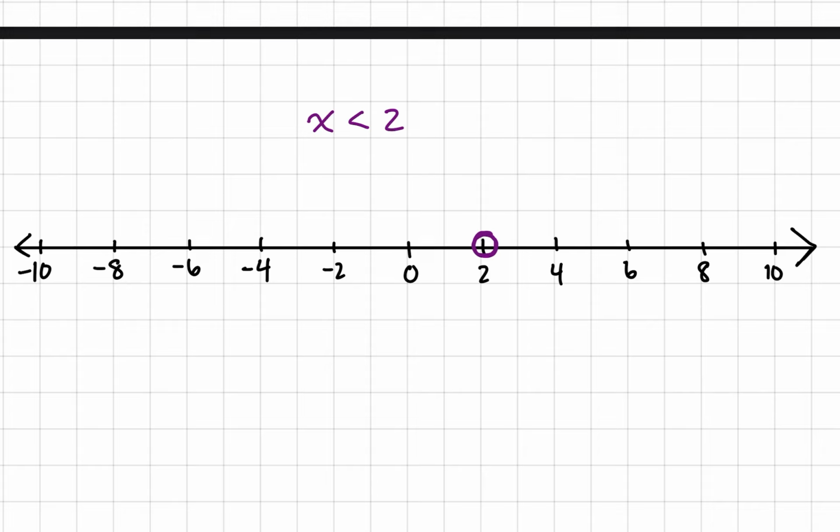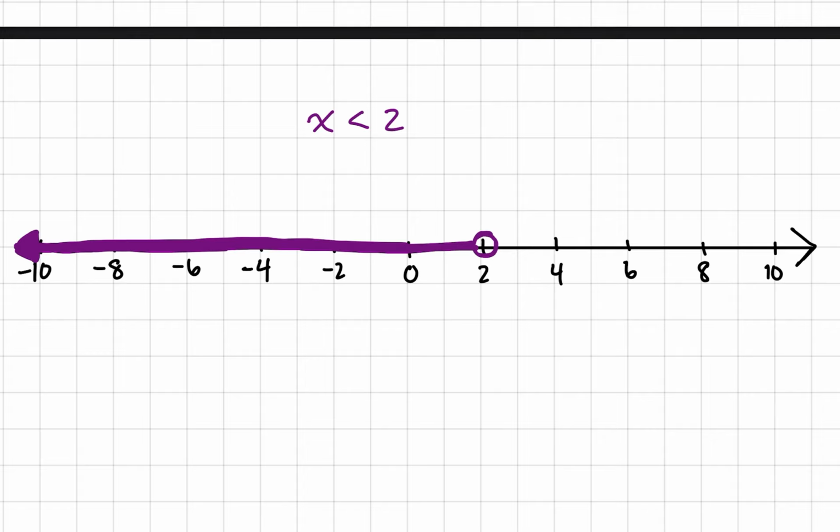My solution on the number line would look like this. It'd be all of this filled in, going all the way to negative infinity. We did this back in chapter 1 or 2, I believe, so this should be familiar to you.